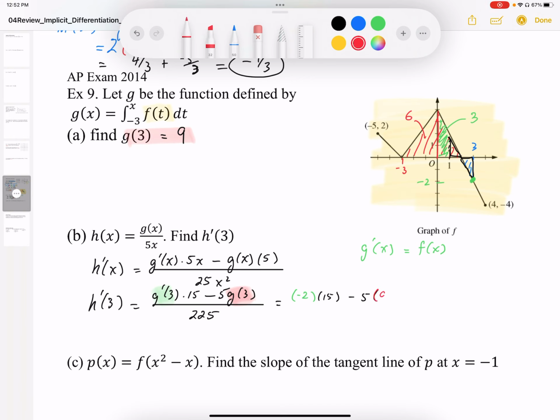And then I can work out the rest of that value. So over 225, the numerator becomes negative 30 minus 45. That's going to be negative 75 over 225, and that works out to be negative 1/3. So h prime at 3 works out to be negative 1/3.